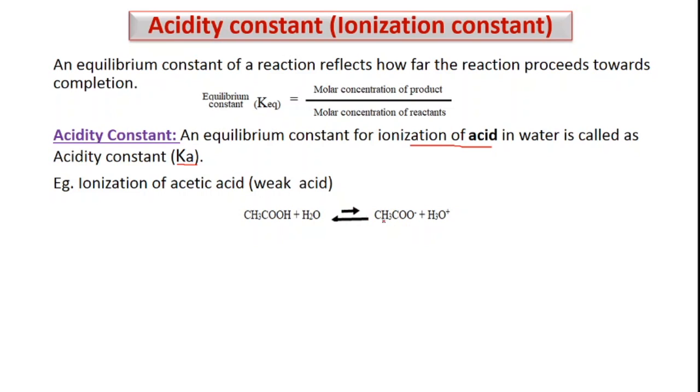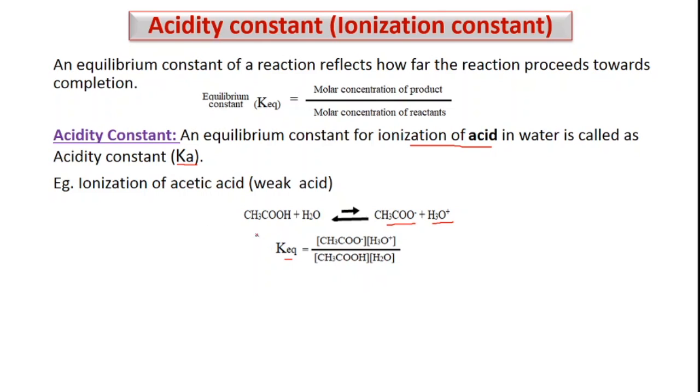The maximum amount remains unionized as acetic acid, which dissociates to form acetate ion and H+ ion or H3O+ ion. So the equilibrium constant for this forward reaction is the concentration of acetate ion times the concentration of H3O+ ion divided by the concentration of acetic acid, the unionized species, times the concentration of water.